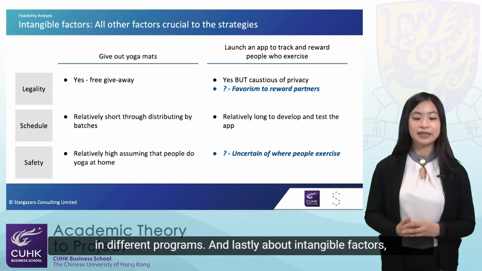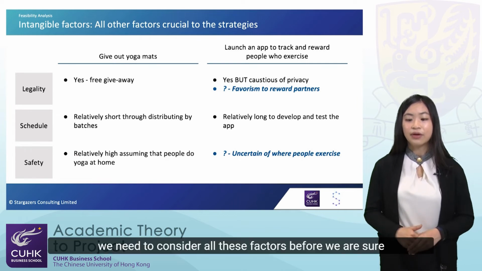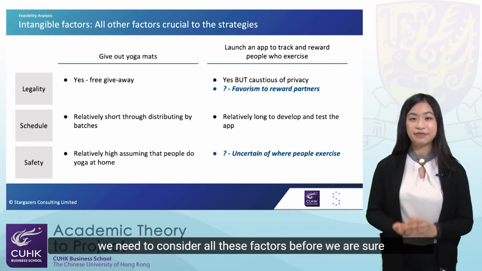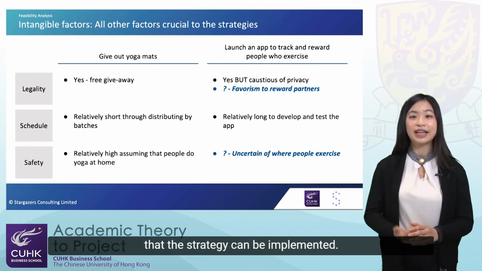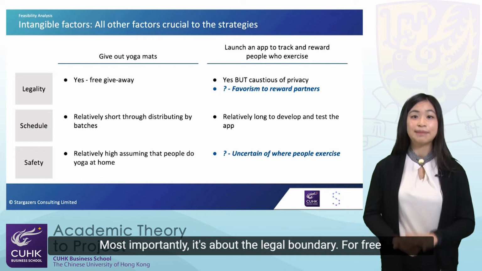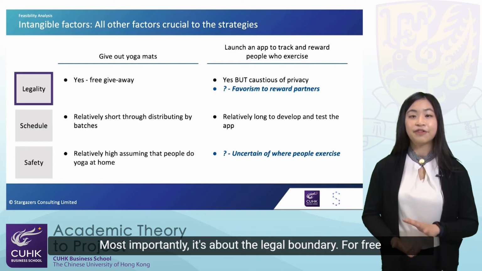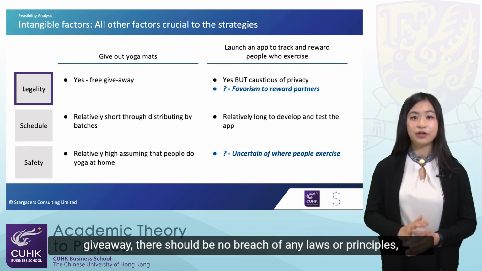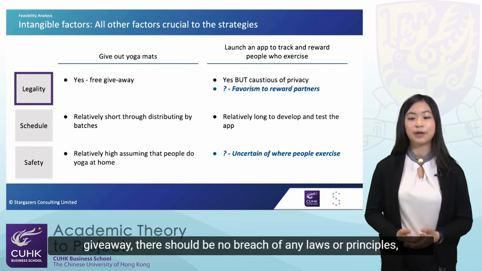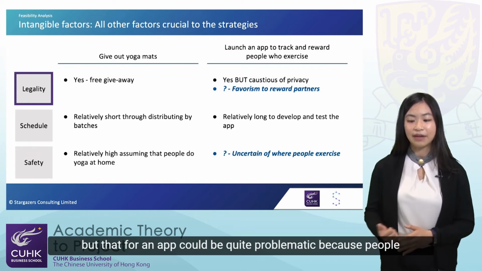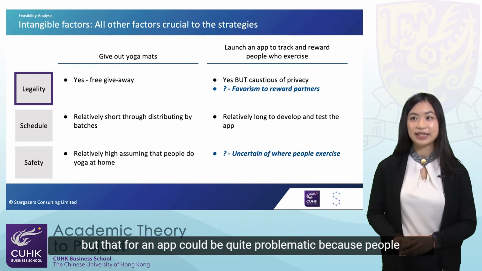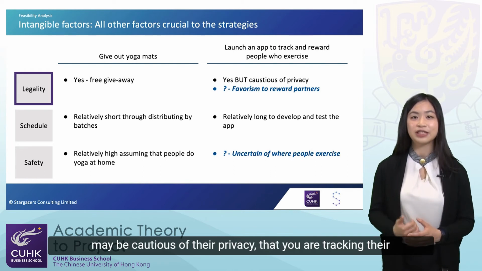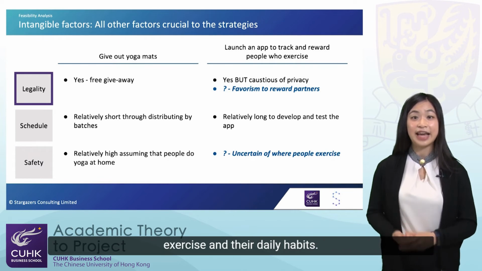And lastly, about intangible factors, we need to consider all these factors before we are sure that the strategy can be implemented. Most importantly is the legal boundary. For the free giveaway, there should be no breach of any laws or principles, but for an app it could be quite problematic because people may be cautious of their privacy, that you are tracking their exercise and their daily habits.